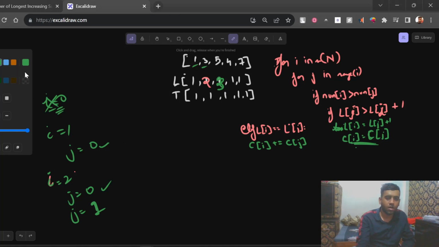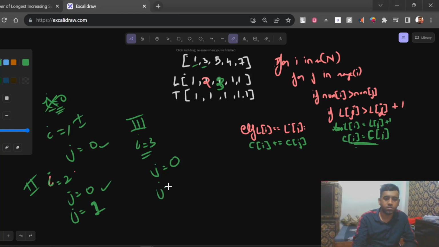Good. Now for i equals 3, if we go from j equals 0, we'll check if num of i is greater than num of j. 4 is greater than 1, 4 is greater than 2, 4 is greater than 3, but 4 is not greater than 5.